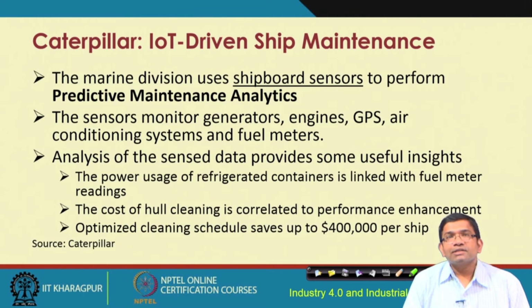The analysis of the sensed data provides useful insights about power usage of refrigerated containers, the cost of hull cleaning and optimized cleaning schedule. These are all provided through the analysis of the data that are obtained through these different sensors that are deployed in the onboard devices of the ships.